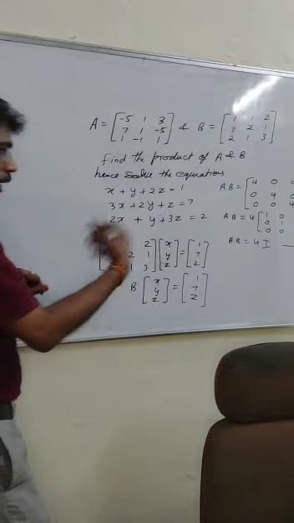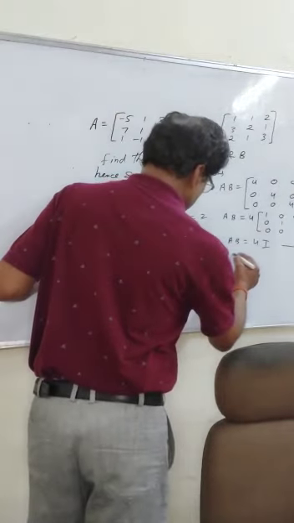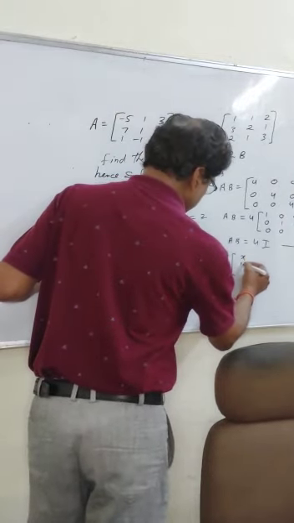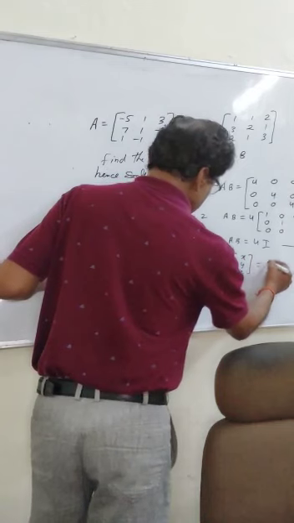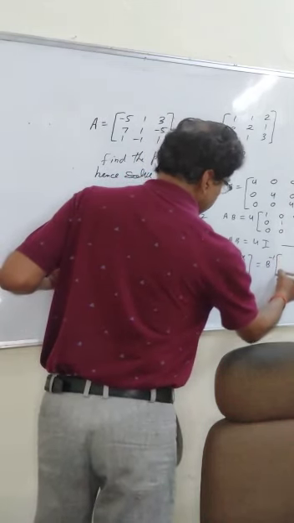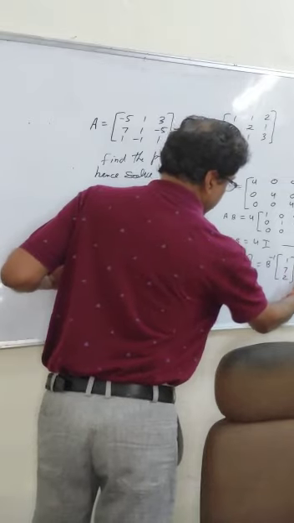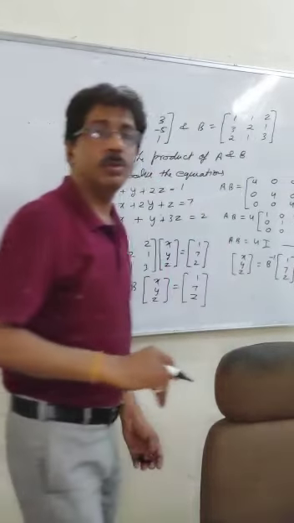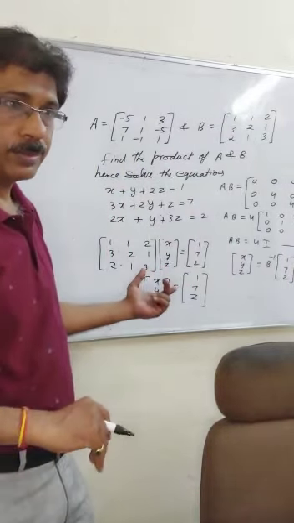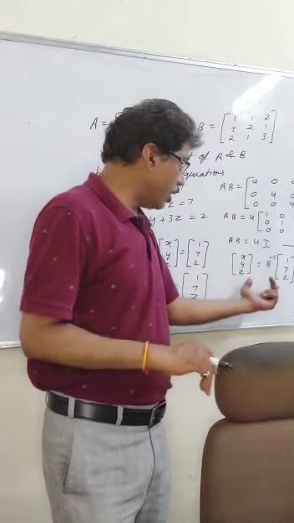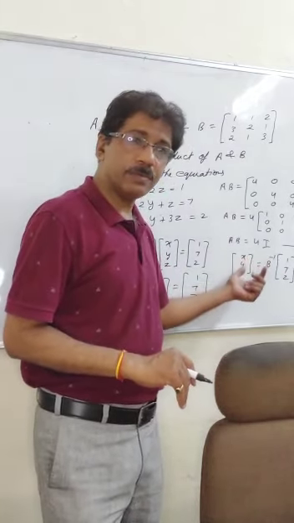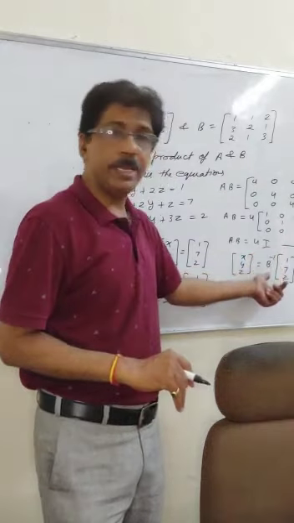When we shift B to the right-hand side, that gives you x, y, z is equal to B inverse times 1, 7, 2. And this is our equation number 2. Now to find the values of x, y and z, we need B inverse.